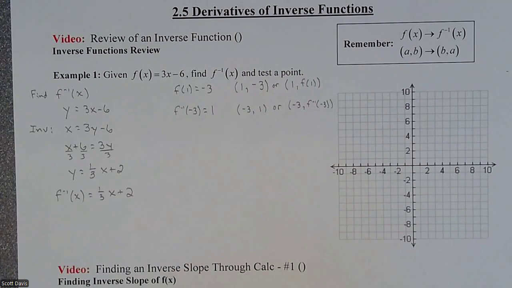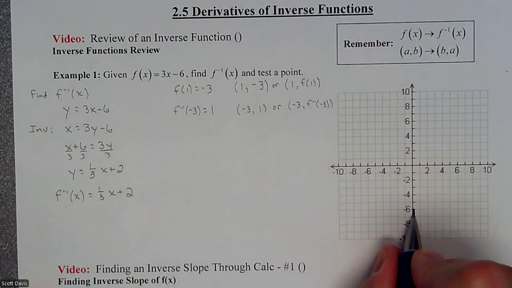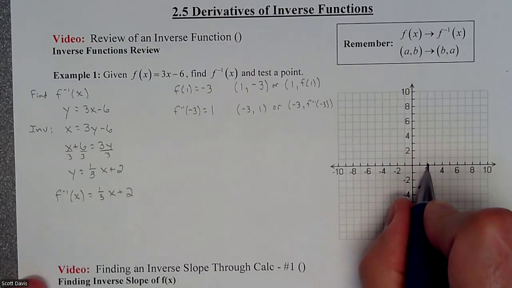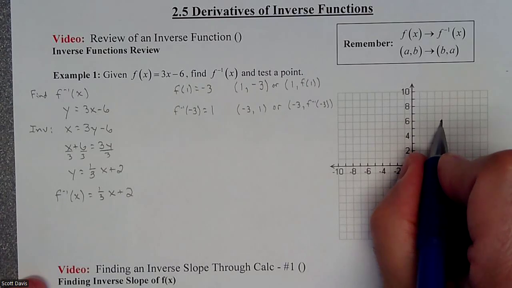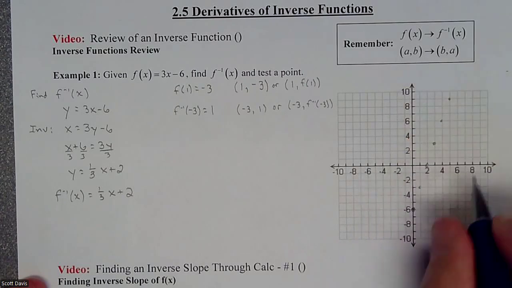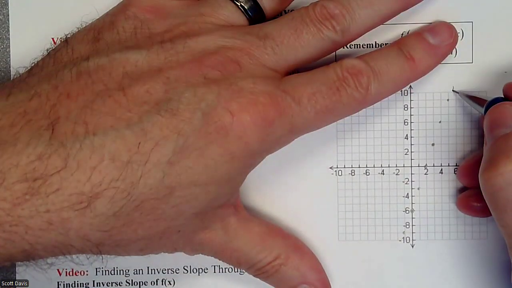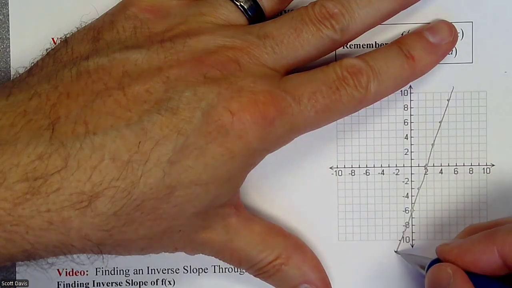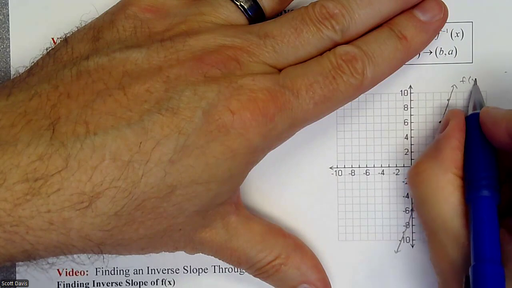So there's also a visual representation of that. If we graph this, we'll have a y-intercept down at negative 6, and we're going up 3 over 1, up 3 over 1, up 3 over 1, on and on and on. All right, so we have this nice line. There's our original function.